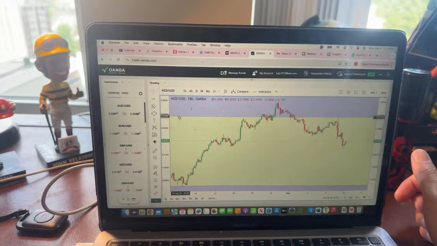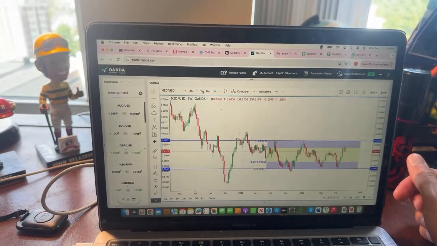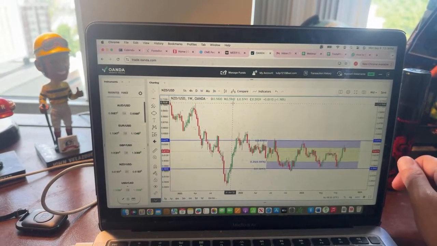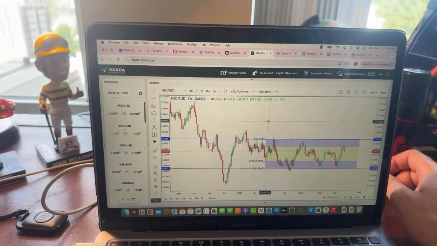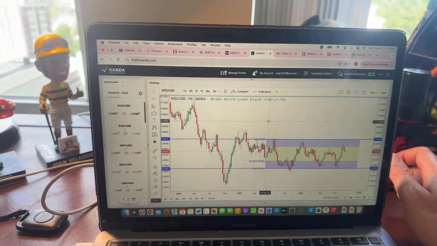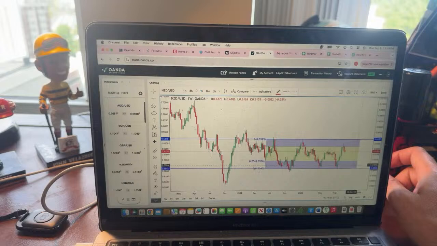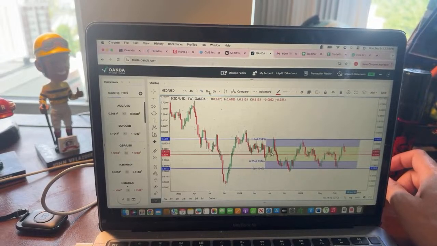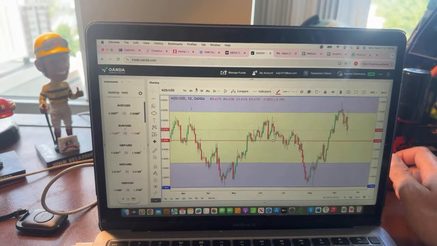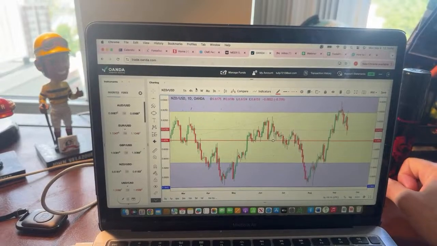New Zealand. Here's a problem with New Zealand dollar, I think. No, I take that back. Okay. All right. I would say this, though. 60.80 is 70 pips away. I'm not saying not to take this because I love 60.80.